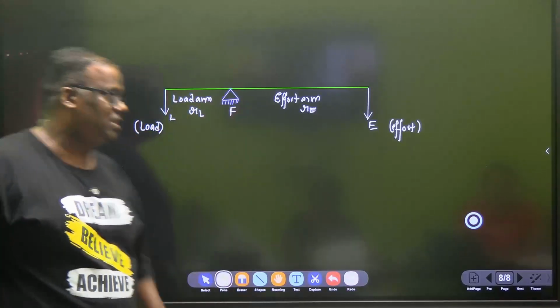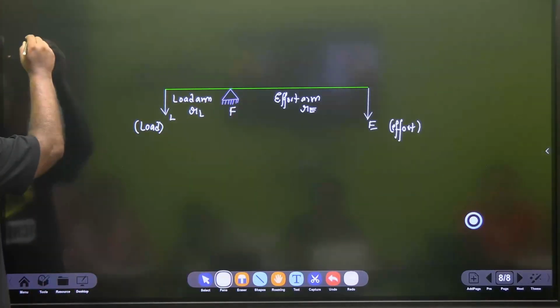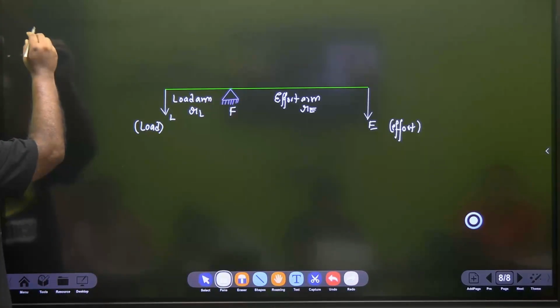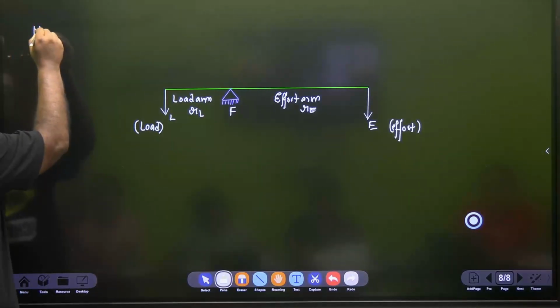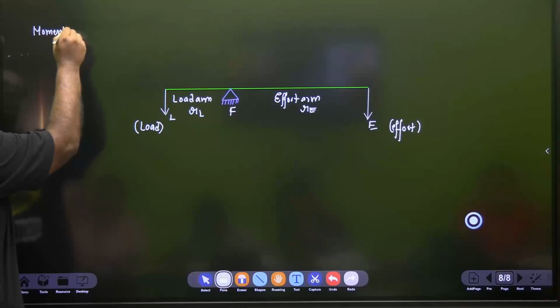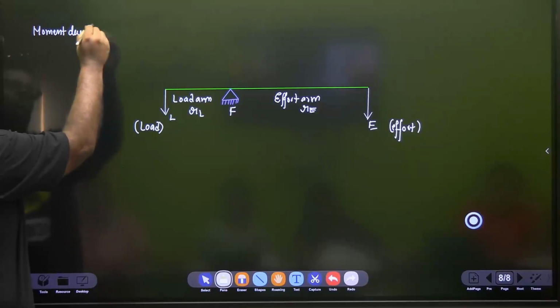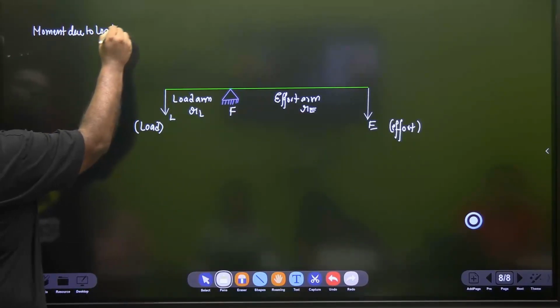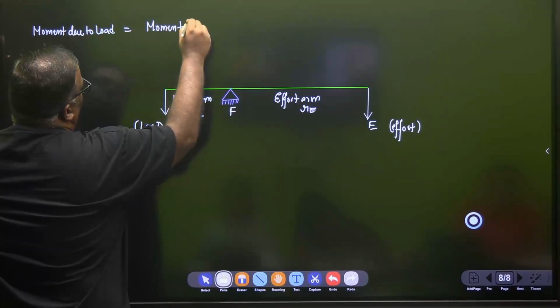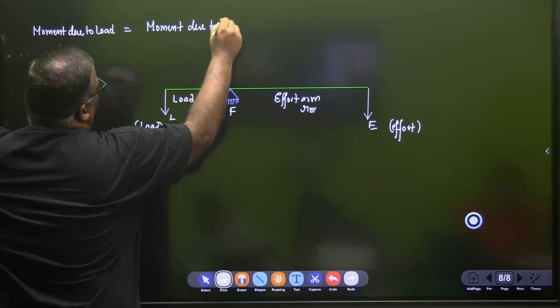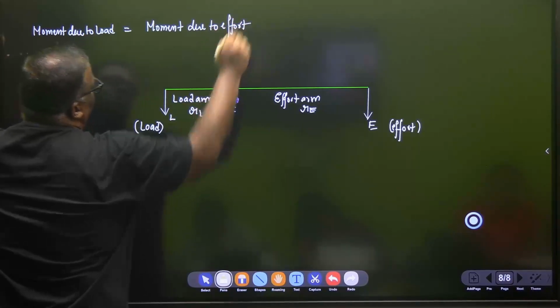So this is balanced. So under balance, we can say that the moment due to the load should be equal to the moment due to effort. Do you agree or not?